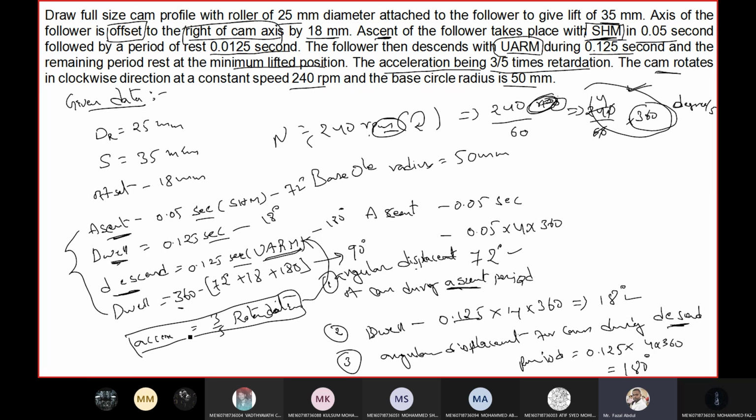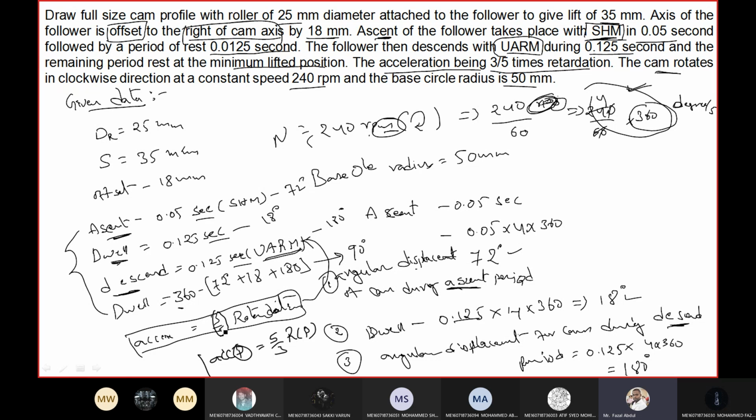This relation we first need to convert into periods. To convert to period, we take the reciprocal. That is, ascent period P equals 5 by 3 into retardation period. Just remember this relation blindly. Whenever you write the ascent value in terms of period, just make it the reciprocal.